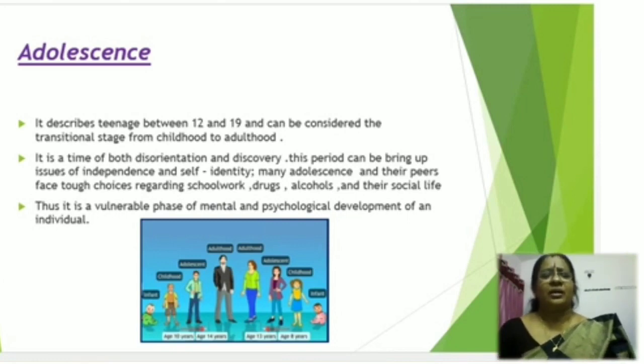It is a time of both disorientation and discovery, with certain independence and self-identity. Many adolescents and their peers face tough choices regarding schoolwork, drugs, alcohol and social life. This adolescent period is a very vulnerable phase of mental and psychological development of an individual.